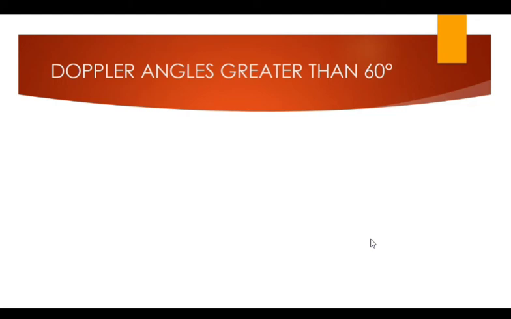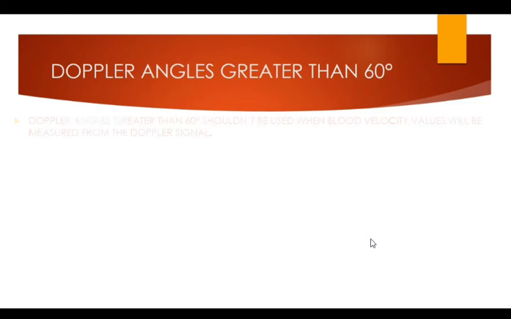As much as we try to get that consistent, we're never going to get it completely consistent because each person's eye is different. And then there's something else called intrinsic spectral broadening, a Doppler artifact that can be discussed in another lecture. But just keep in mind that the Doppler angle is never completely accurate.